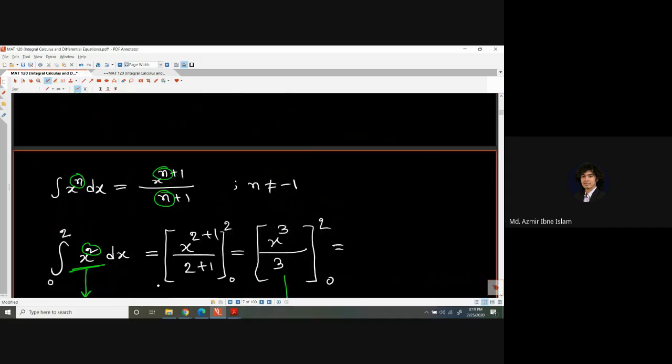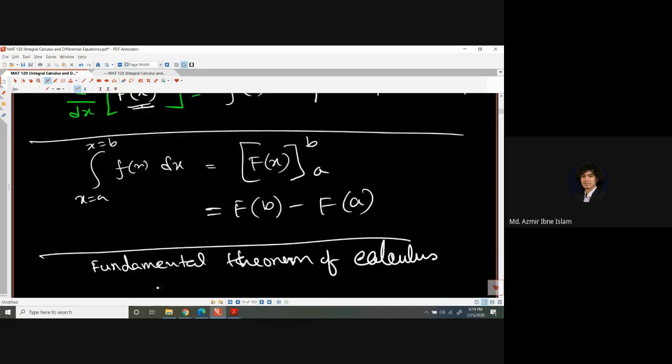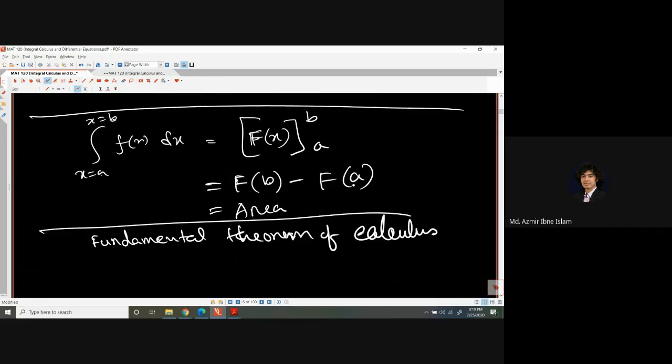Let's get back to the fundamental theorem of calculus. Suppose we are integrating a function f of x from x equal to a to x equal to b, where a is the lower limit and b is the upper limit, and we have the antiderivative capital F(x). To find the area, we first find the antiderivative at the upper limit, minus the antiderivative at the lower limit.